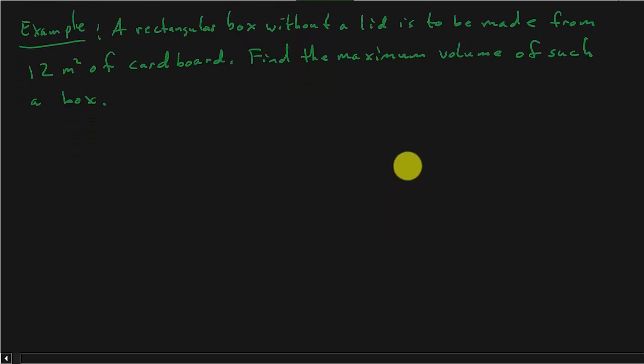It says a rectangular box without a lid is to be made from 12 square meters of cardboard. Find the maximum volume of such a box. All right, so let's see what we've got here. We've got a rectangular box.